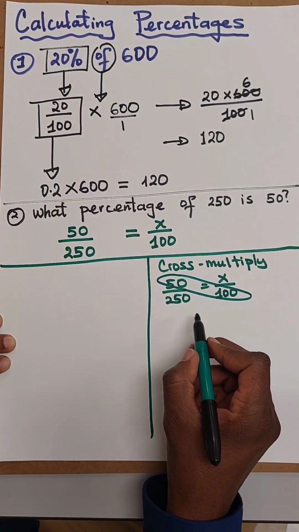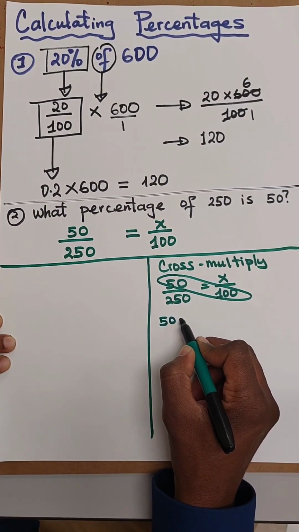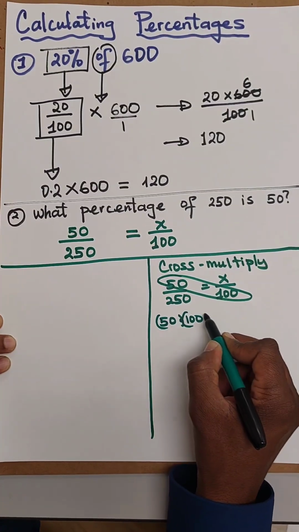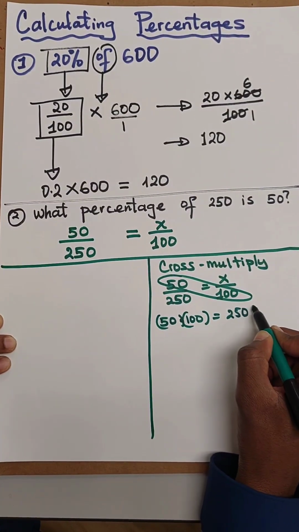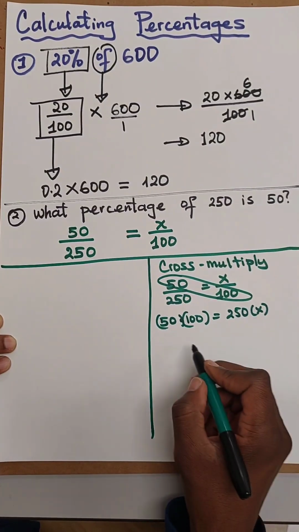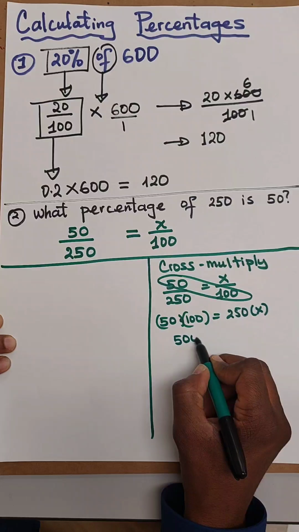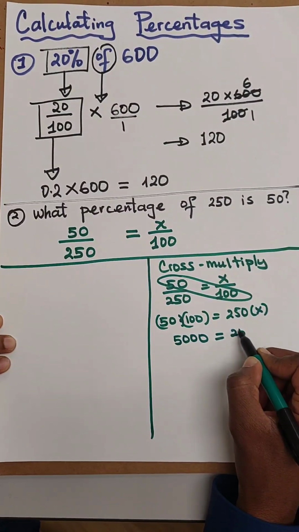So you get 50 times 100 should equal 250 times x, so that you have 5,000, which is 50 times 100, is equal to 250x.